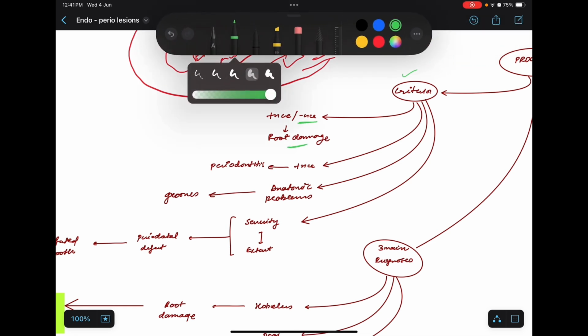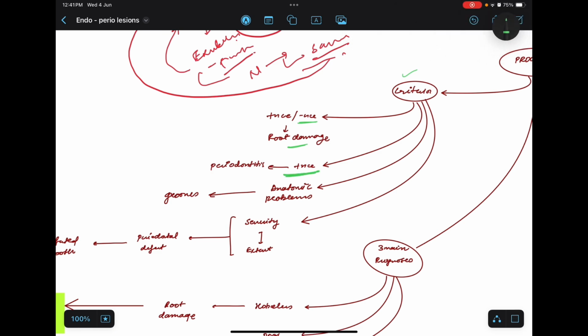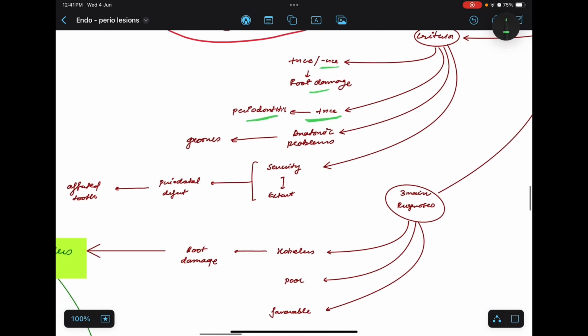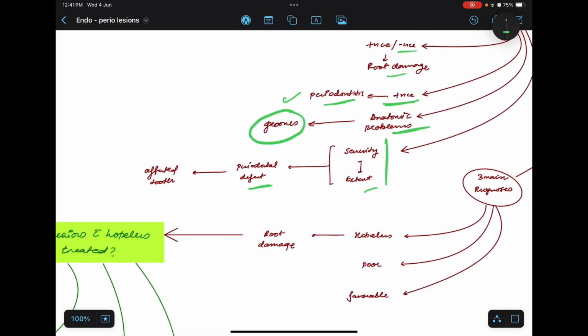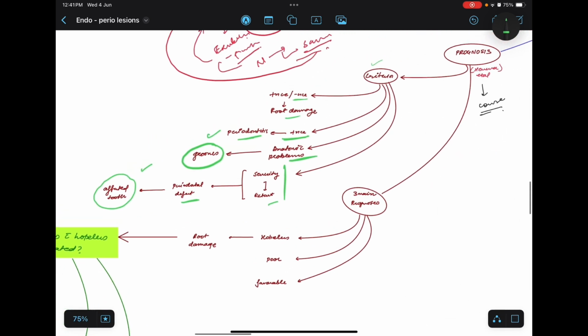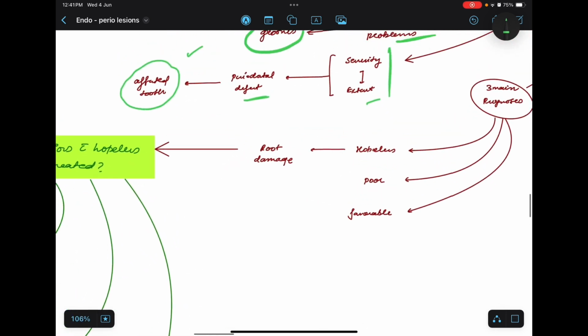Second is presence or absence of periodontitis, then anatomic problems such as grooves, then severity or extent of the periodontal defect with respect to the affected tooth. Simple, straightforward. Now, three main prognoses that we come across are hopeless, poor and favorable.